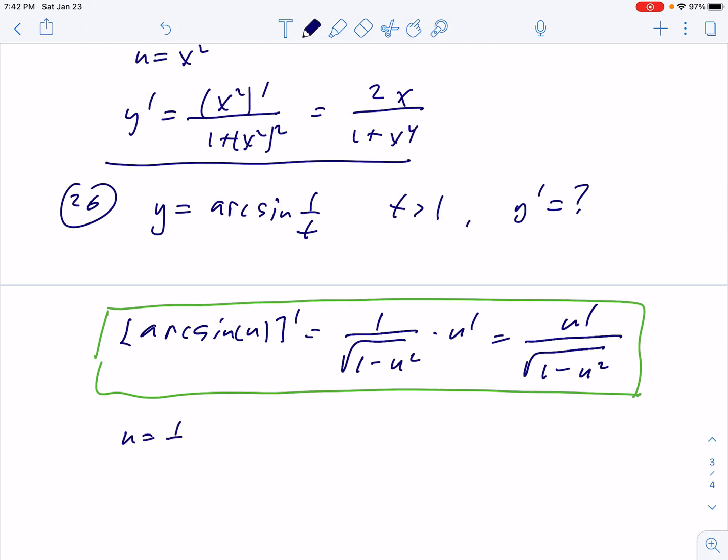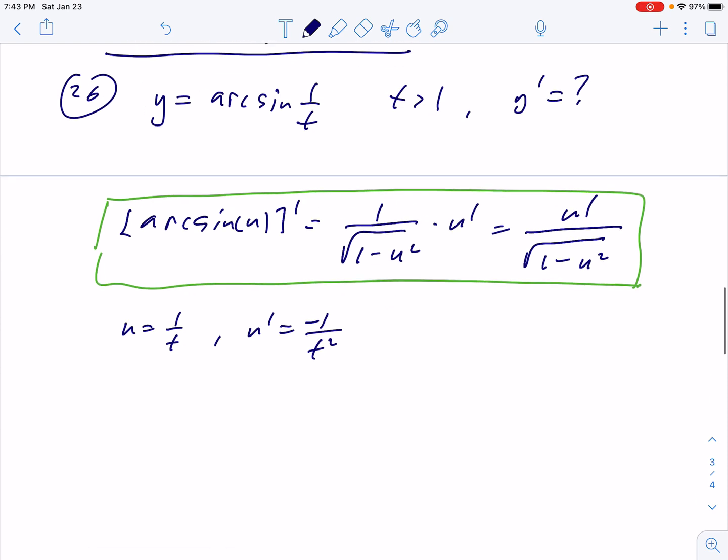u will be 1 over t. You can differentiate. u prime will be negative 1 over t squared. Okay, if you feel uncomfortable with this derivative, you can write u as t to the negative first power, then t to the negative first power prime will be negative 1 multiplied by t to the negative second power, by the power rule. And that's exactly negative 1 over t squared.